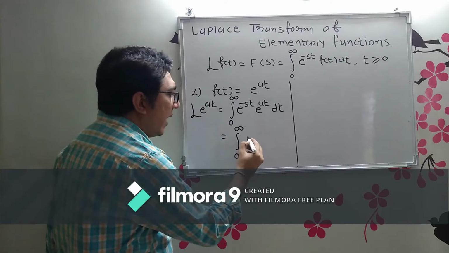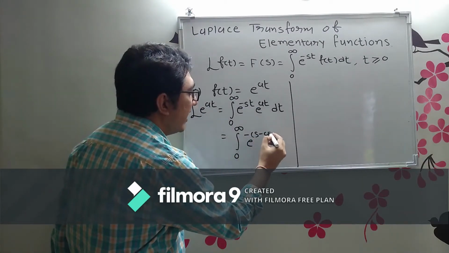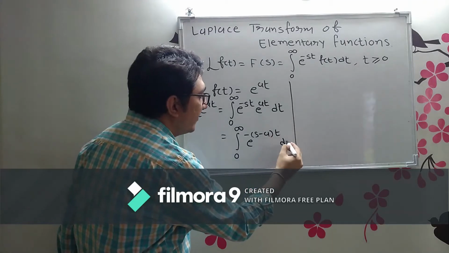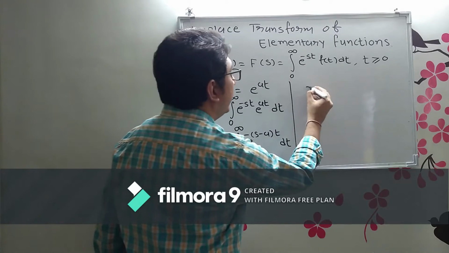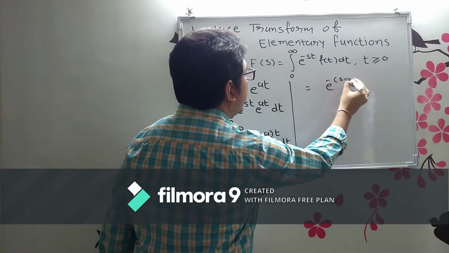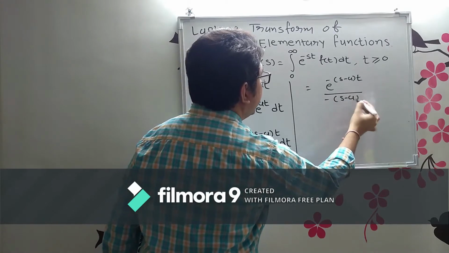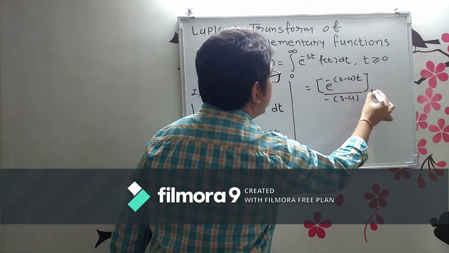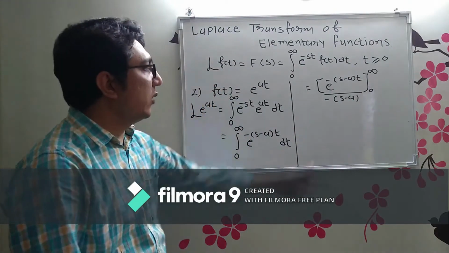Integration 0 to infinity e raised to, and one more thing, I am taking this minus sign outside. So in the bracket you can write minus (s minus a) t dt. Now take the normal integration of this form. So you can write e raised to minus (s minus a) t upon minus (s minus a), and substitute the limit 0 to infinity. This term is constant, so I am taking this outside.